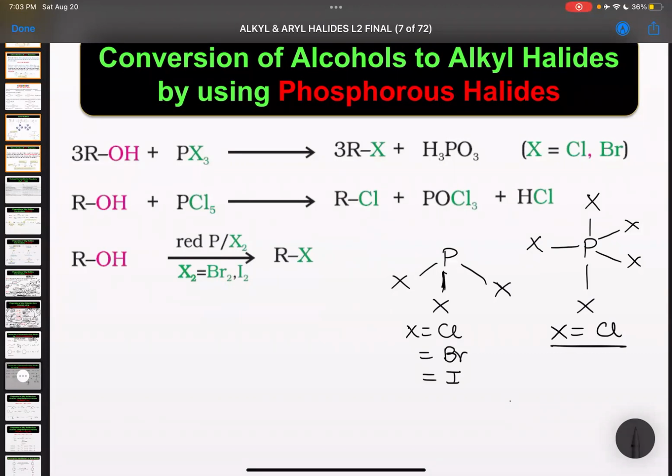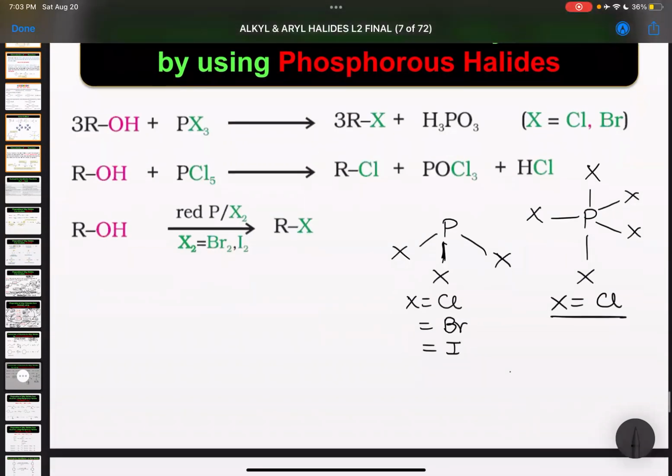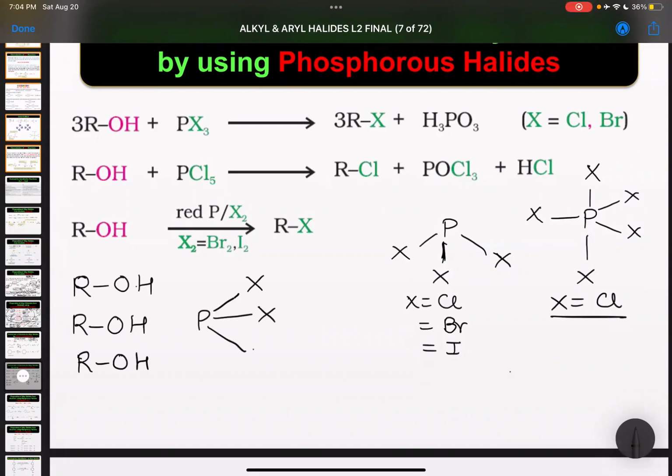So what is the trick? With PX3, this is the trick. If it is PX3, write PX3 and write 3 alcohol molecules.